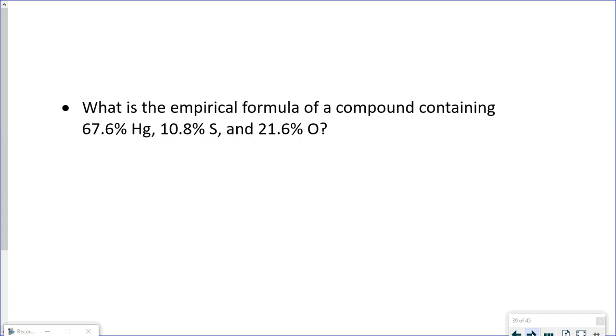What is the empirical formula of a compound containing 67.6% mercury, 10.8% sulfur, and 21.6% oxygen? So we're going to treat it in the same way and go through the exact same steps. So percent to mass, mass to mole, divide by small, and then multiply till whole.